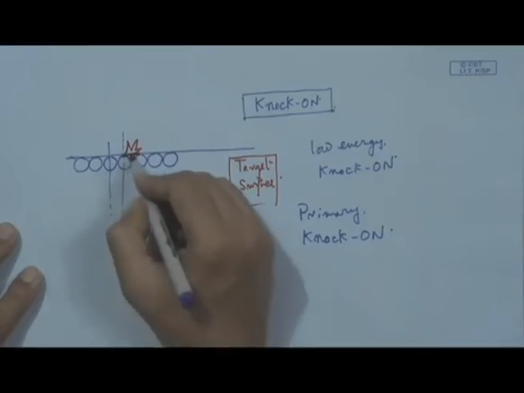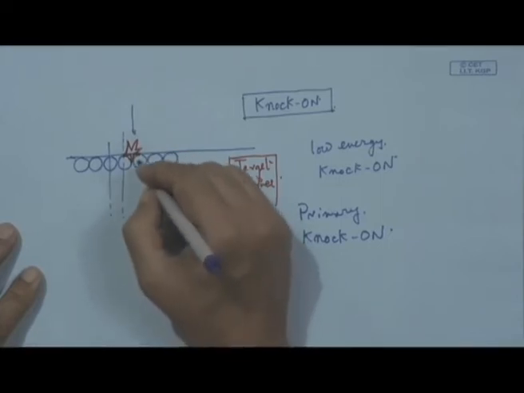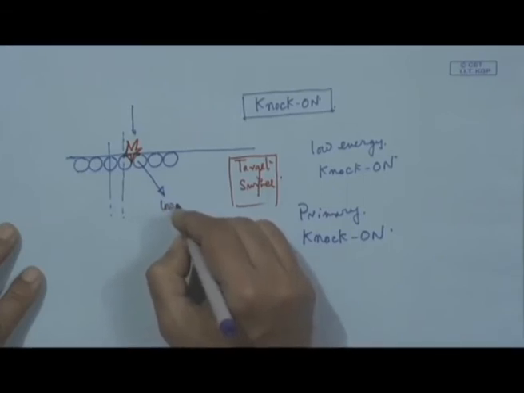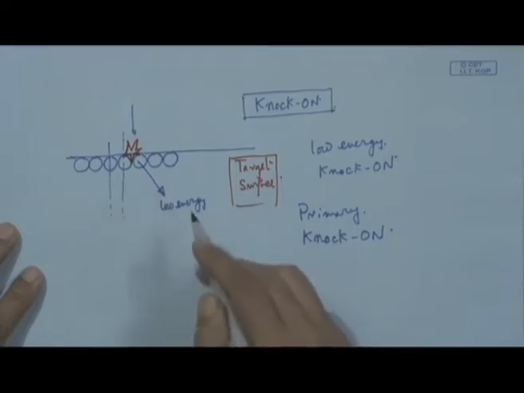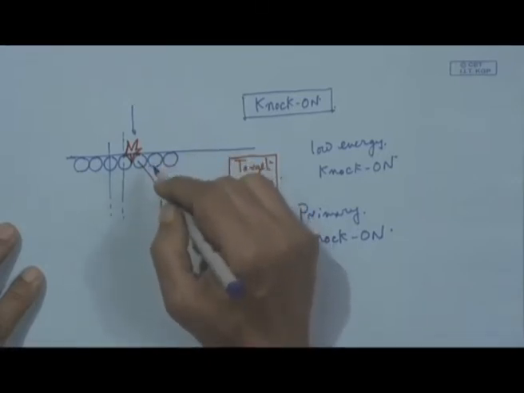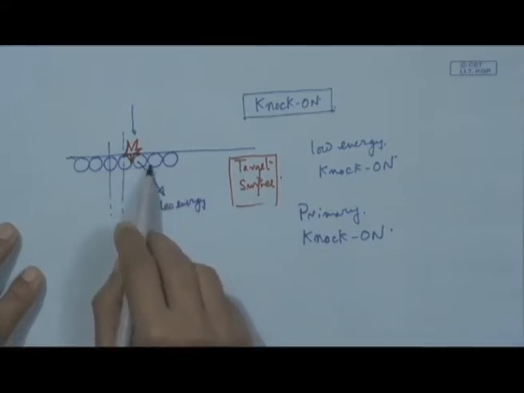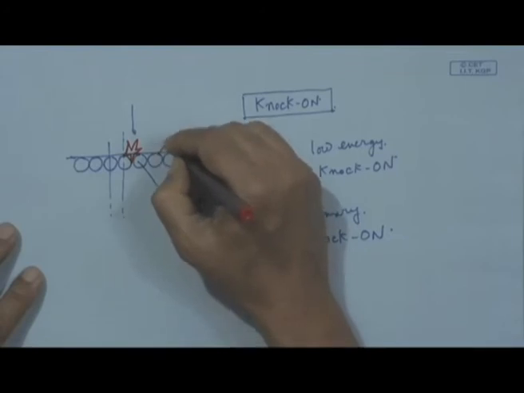So, as a result of this strike from this side, this atom is going to move in this direction and that we call low energy knock on, and during this process, as it tries to move in this direction, it will try to displace this atom, and as a result it has a tendency to eject in this direction.